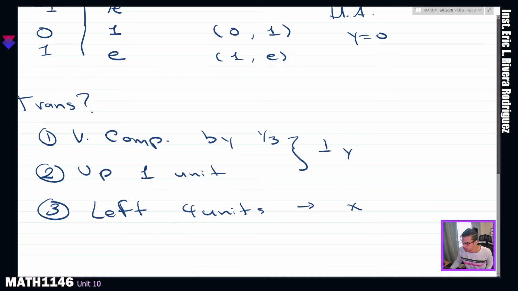Times 1/3, okay, I agree with that. Plus 1, perfect. This is the equation for the y values. For an equation for the x values, -4.